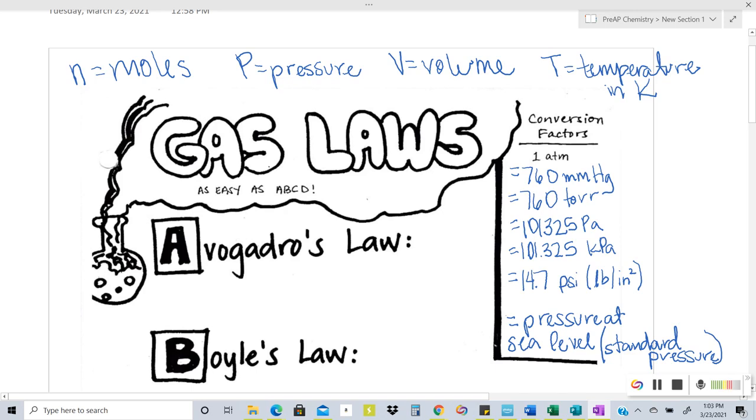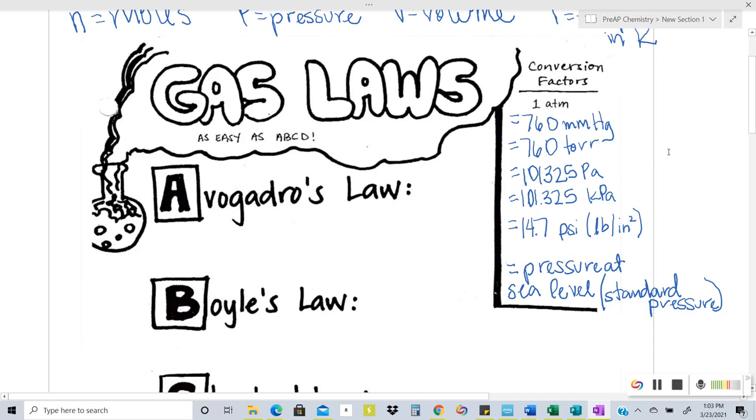Okay, I did leave the Kelvin and Celsius conversions on the board. They should not be erased, so if you need them, like you didn't write them down last time or you lost your notes, it'll be on the board. So Avogadro's law does deal with moles. This law is volume over moles. Okay, and remember in the Pogil, when it asked for the algebraic expression, we just wrote V over N. But now they need to be equal to each other because really algebraic expressions are equal to one another.